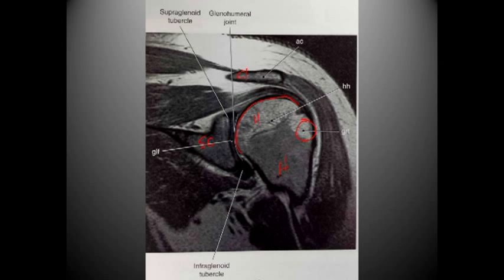We have the humeral head, and we have the anatomic neck residing somewhere in this area, and the surgical neck going inferior. We have the acromion articulating with the clavicle, and here we have the depression, the glenoid fossa.